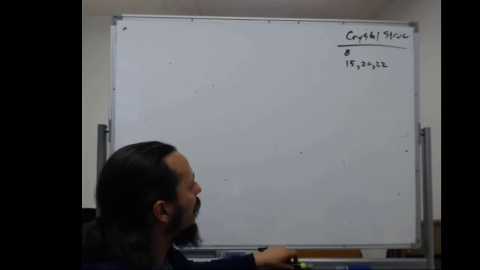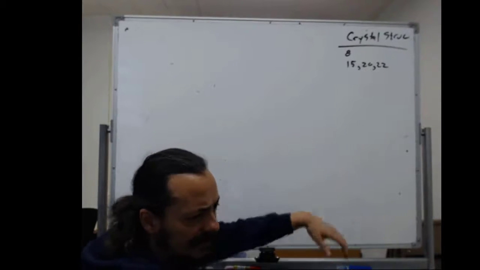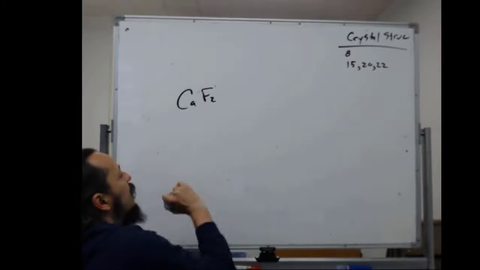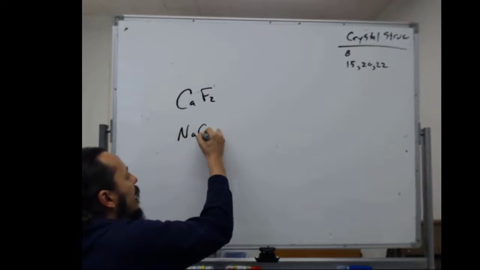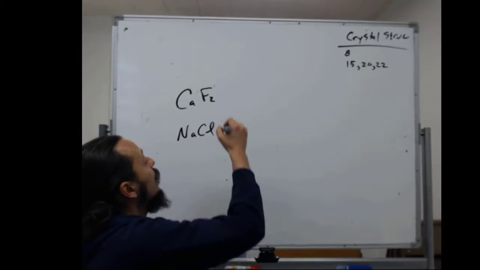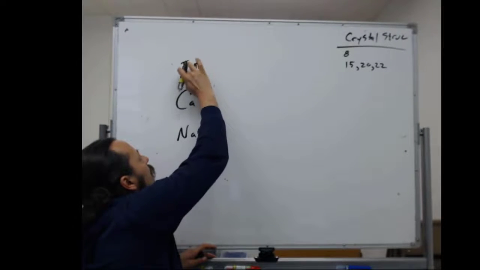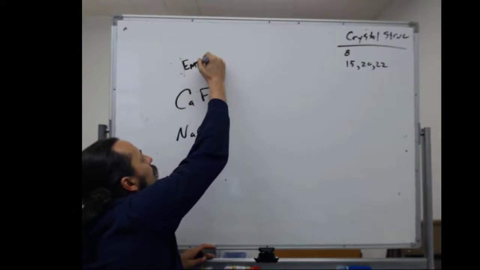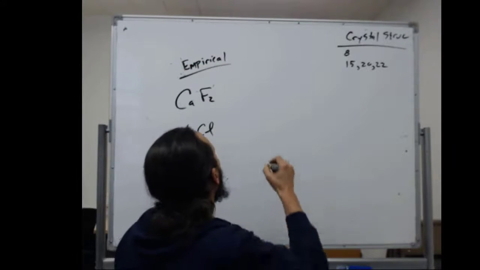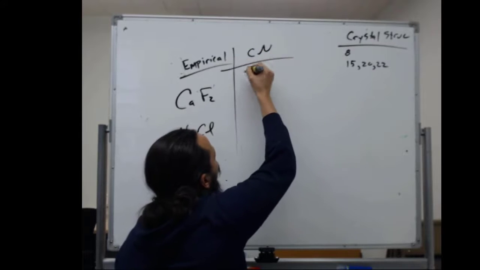So when we look at our periodic trends, hopefully we've got things like CaF2 and NaCl. For our empirical formulas, we've got our coordination numbers.